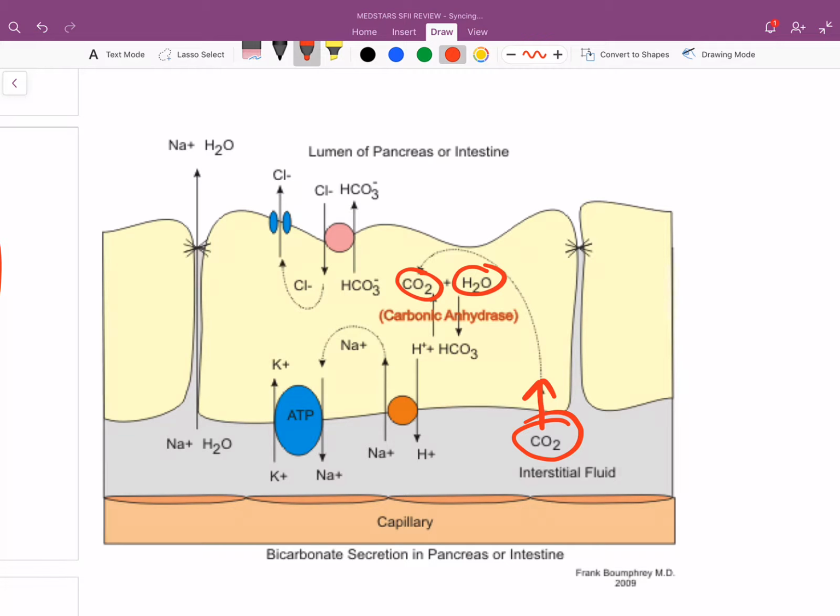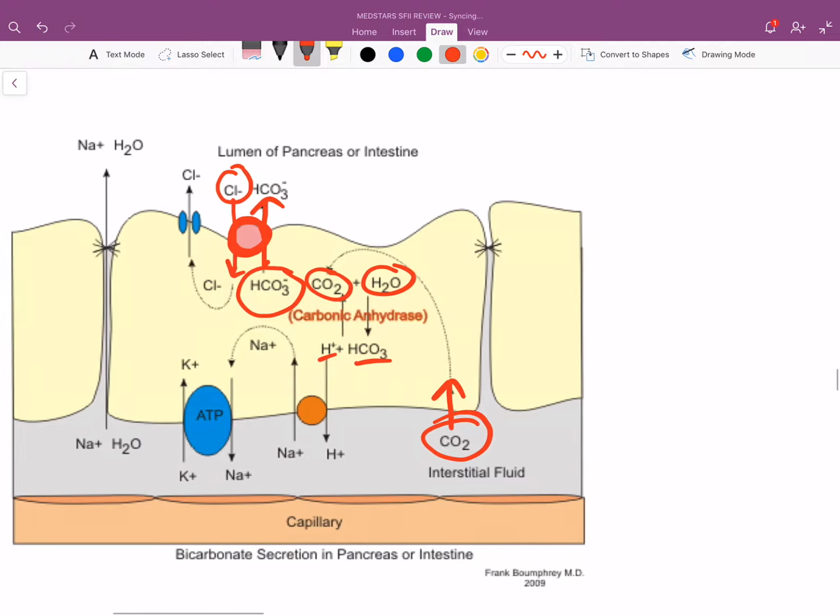The carbonic acid gives you one bicarb and one hydrogen ion. Now the bicarb ion is the one that gets secreted into the lumen of the duodenum. And in exchange for one bicarb ion, you're going to get one chloride ion, and that's going to be through this bicarb chloride antiporter.